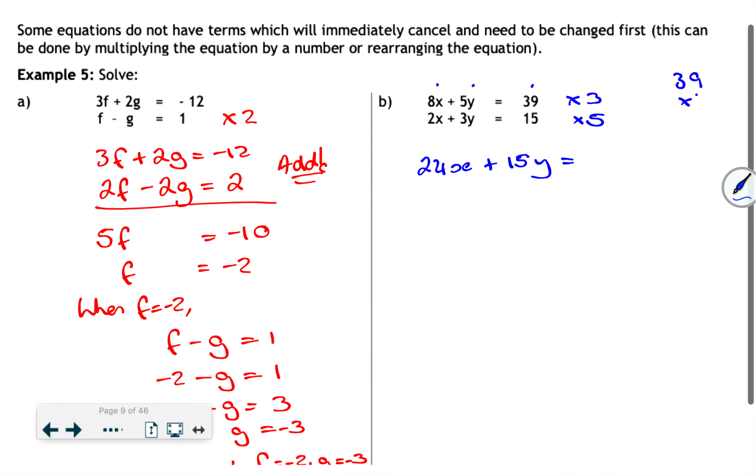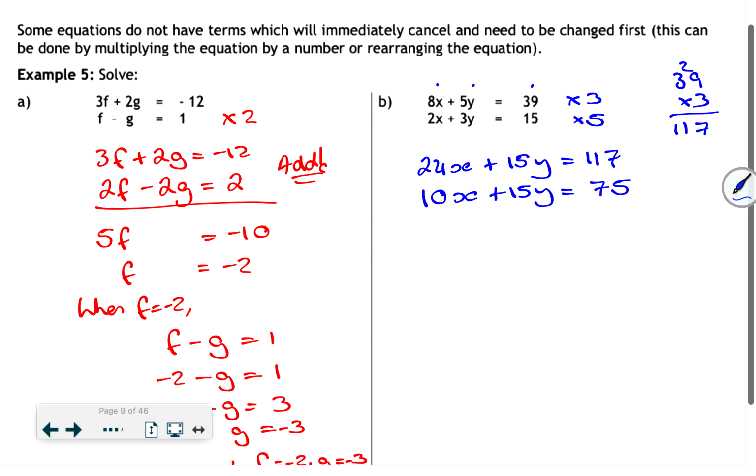You can't do it in your head, so go to the side and do a wee sum. 3 9s are 27, carry 2, 3 3s are 9, plus 2 gives you 11, so 117. Multiply the bottom equation by 5, so we get 10x plus 15y is equal to 5 15s, which gives us 75.